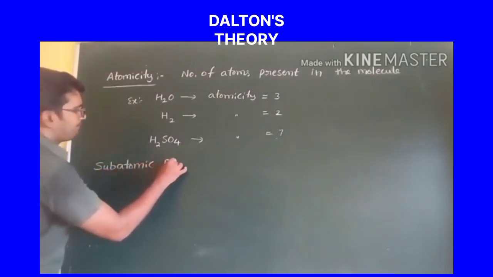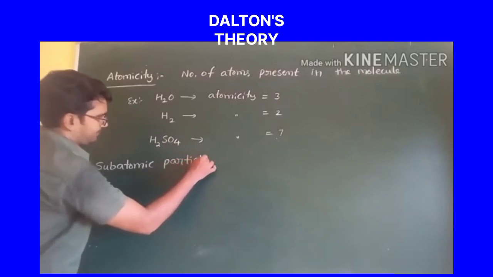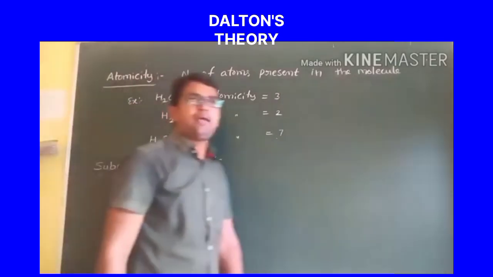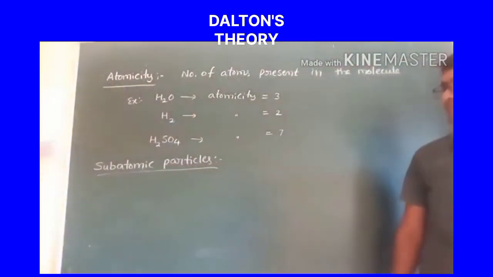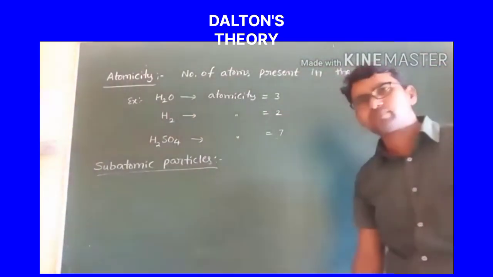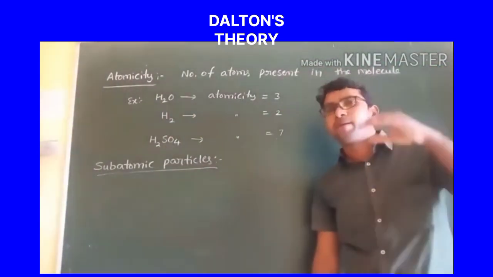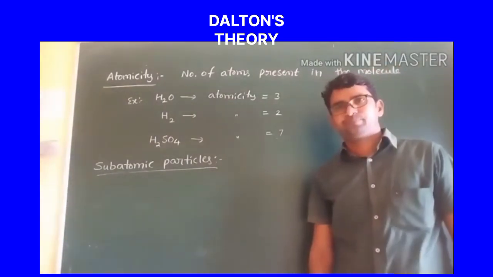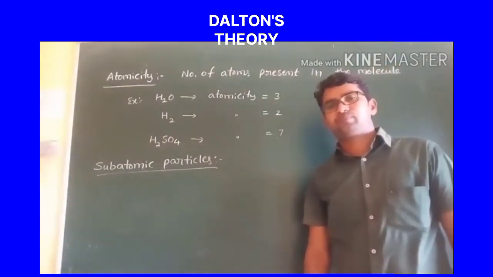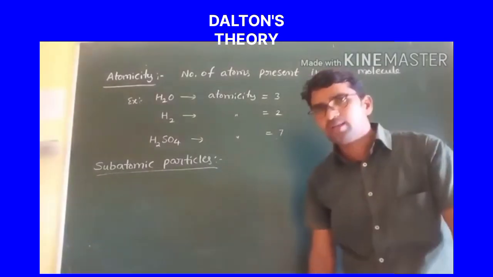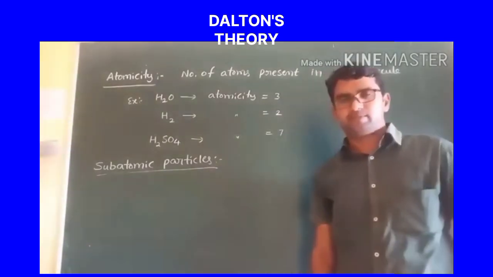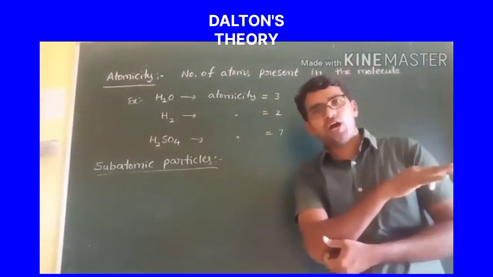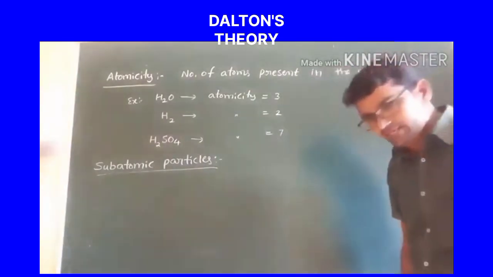Next concept, subatomic particles. I already told you what subatomic particles are. Subatomic particles means some particles present inside the atom. Particles present inside the atom are called subatomic particles.